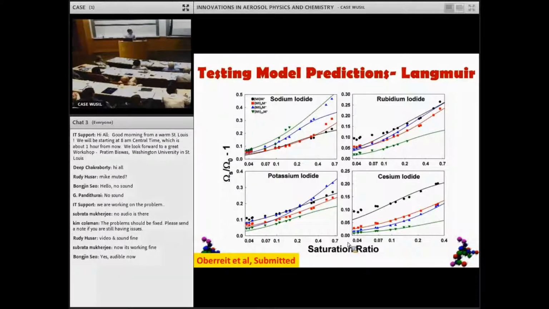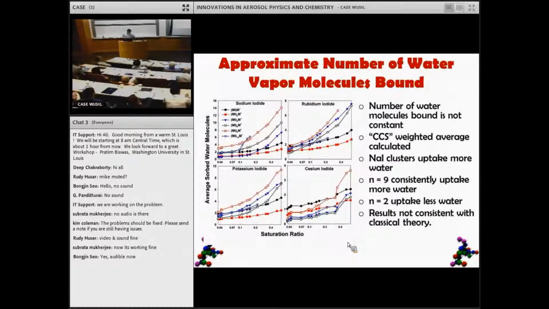We can get pretty much the whole saturation ratio range, every ion, very little variation for the most part. And so we can parameterize on a case-by-case basis the extent of heterogeneous uptake on the molecular scale. Those types of curves maybe don't give some ideal on how much water is being bound. We can do a collision cross-section weighted average.